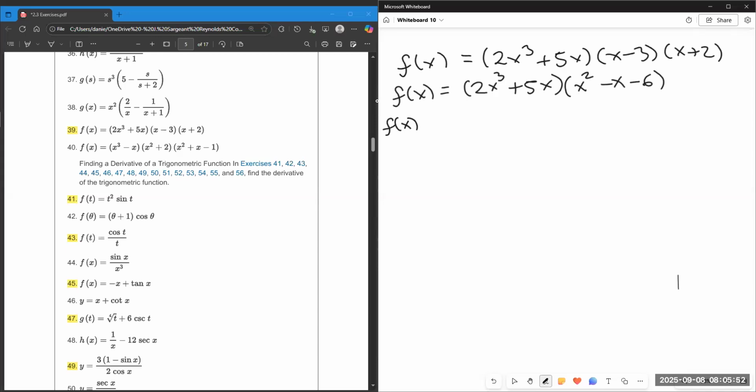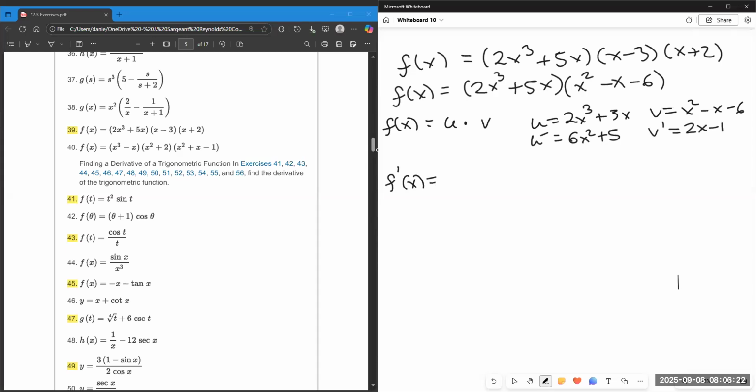F of x equals u times v, with u equal to 2x cubed plus 5x and v equal to x squared minus x minus 6. U prime will be 6x squared plus 5. V prime is 2x minus 1. F prime of x is u prime v plus v prime u.